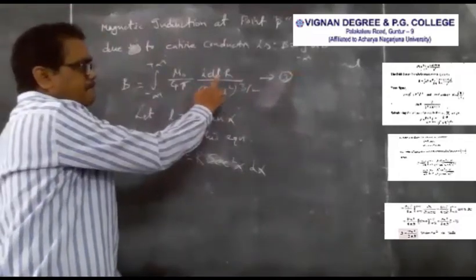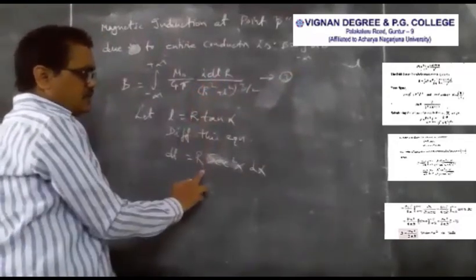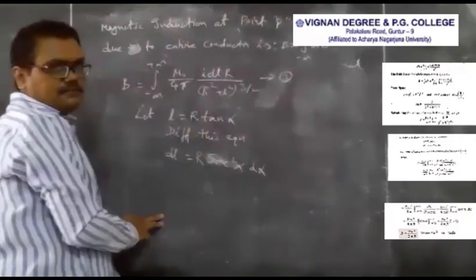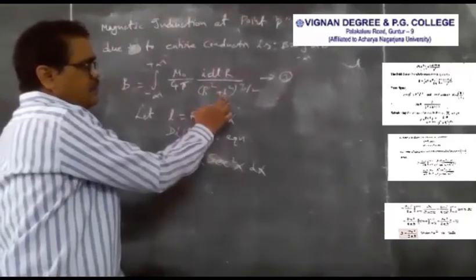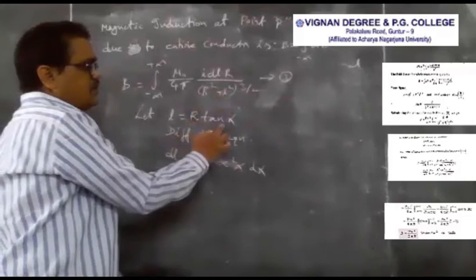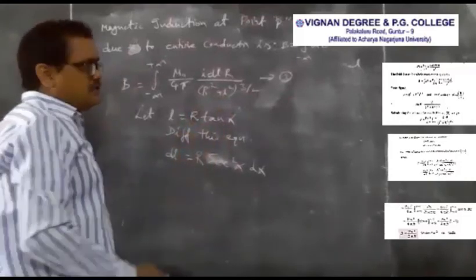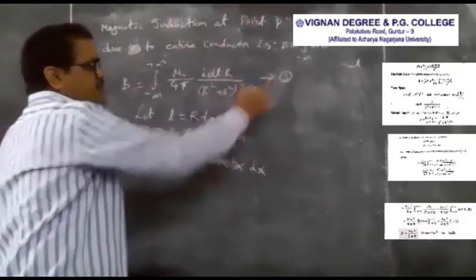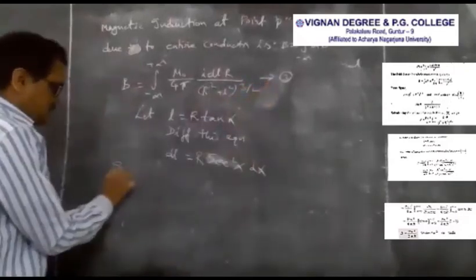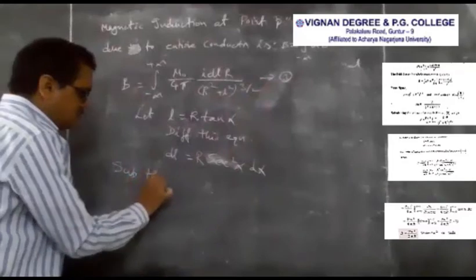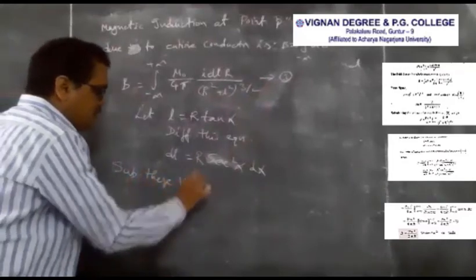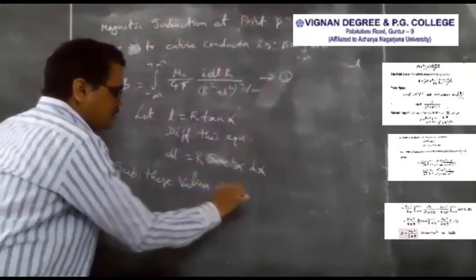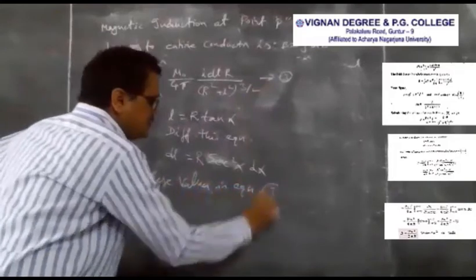So dl is equal to R secant square alpha d alpha, and in place of l substitute R tan alpha. We are substituting these values in equation 3.